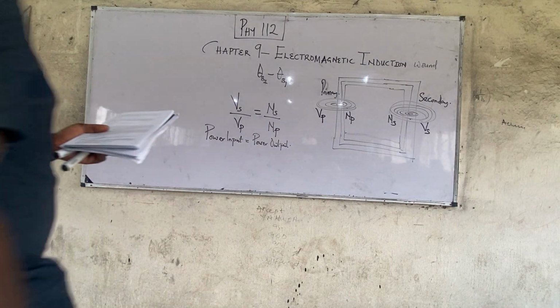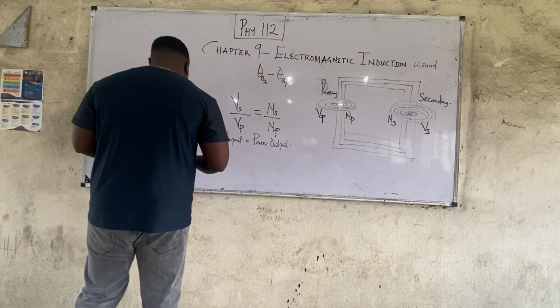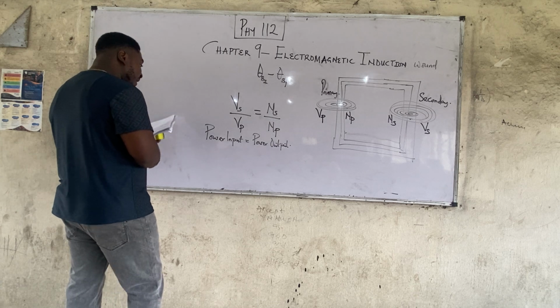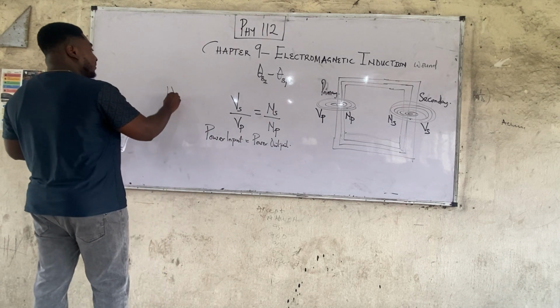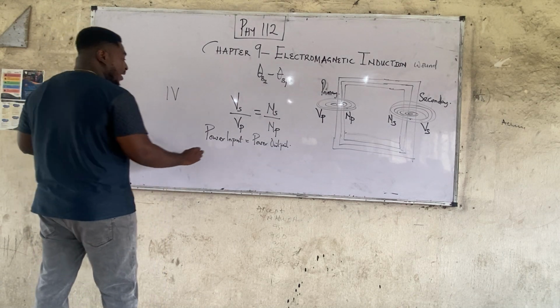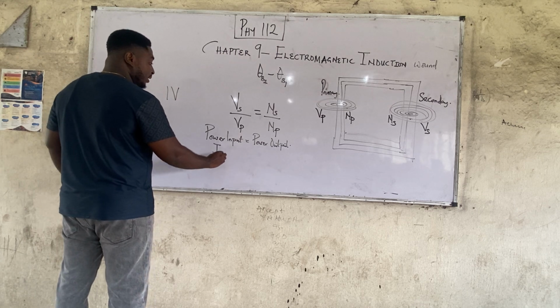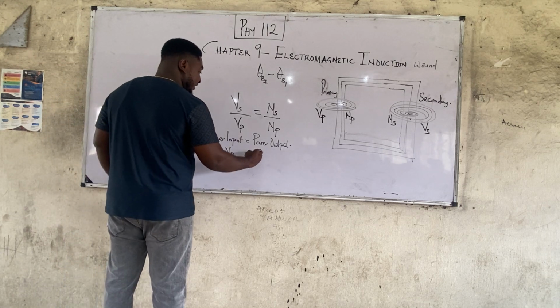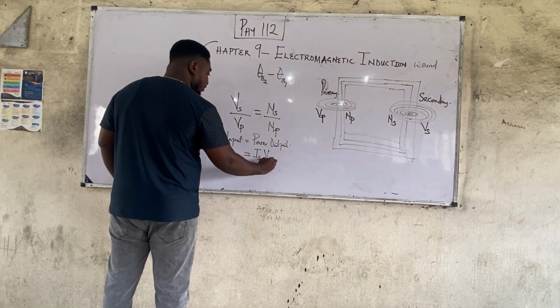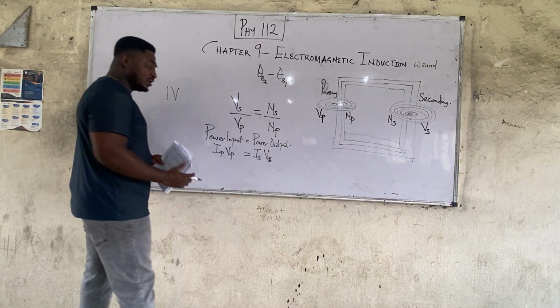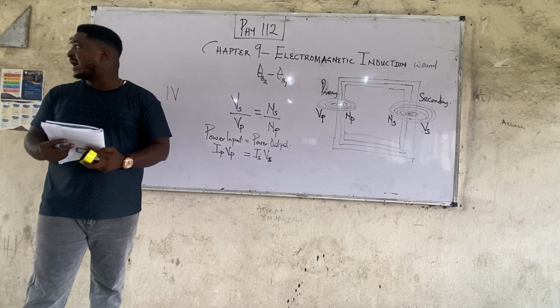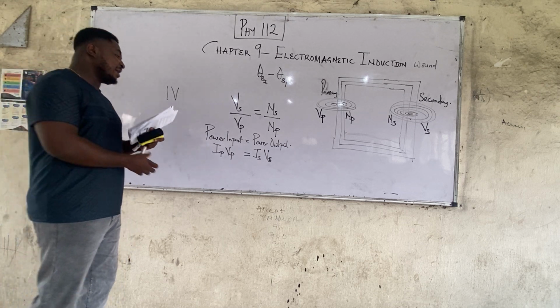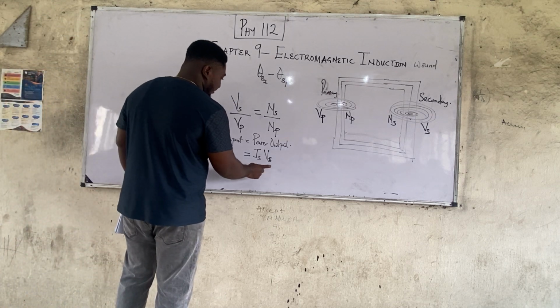So what are we saying? Power input equals power output. Power is current times voltage. The power input is the current in the primary coil multiplied by the voltage in the primary, and the power output is the current in the secondary coil multiplied by the voltage in the secondary. So as a normal rule, IpVp equals IsVs.